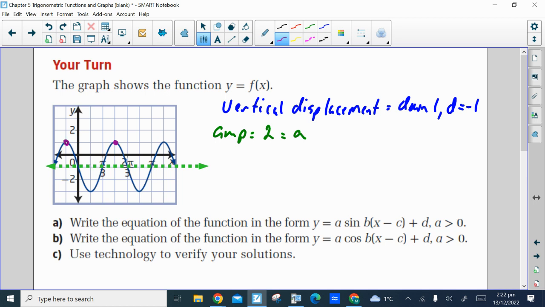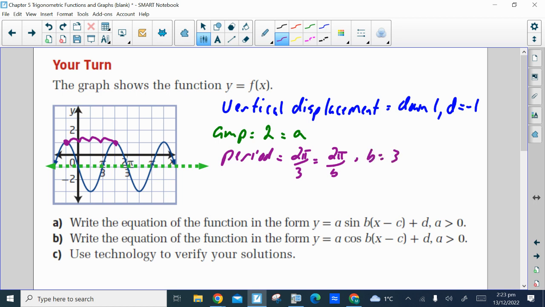If I start from this maximum point to that maximum and count how many pi on 6s I need to travel, it's 1, 2, 3, 4 pi on 6s, which is 2 pi on 3. That is our period. And if you compare that to 2 pi over b, once again, b has to equal 3.